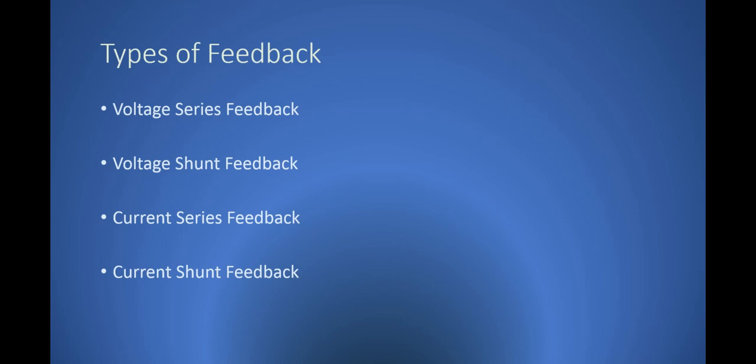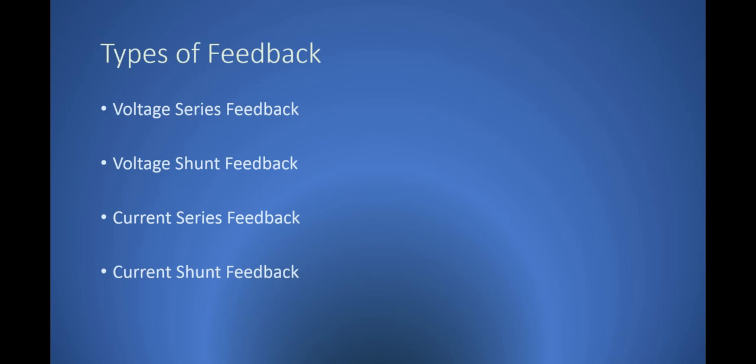So if you look at these four types, the first word represents the type of the output. So if it is a voltage feedback, then the output is voltage. If it is a current feedback, then the output is a current.